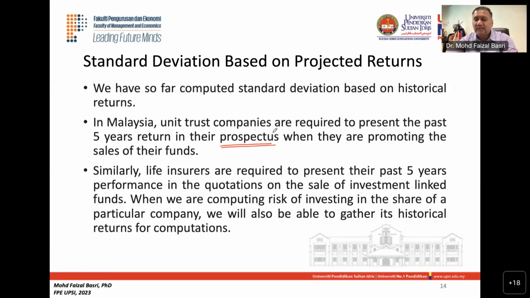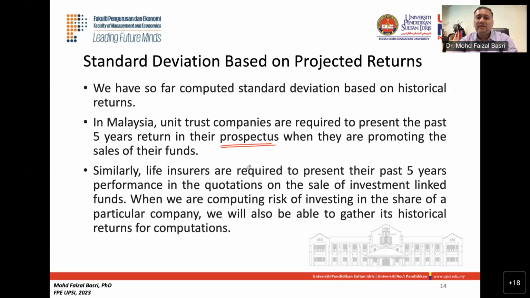So the potential client must have this information before they make decisions. So you as an investor or as a financial planner in the future, you can take this information and do your own analysis, whether this kind of investment is considered high risk with suitable returns or not.